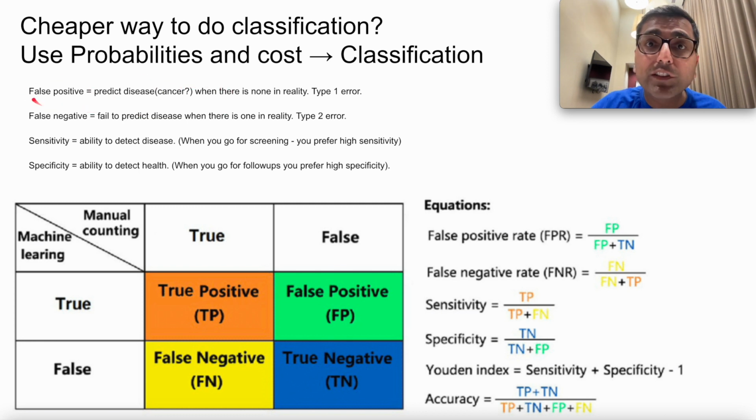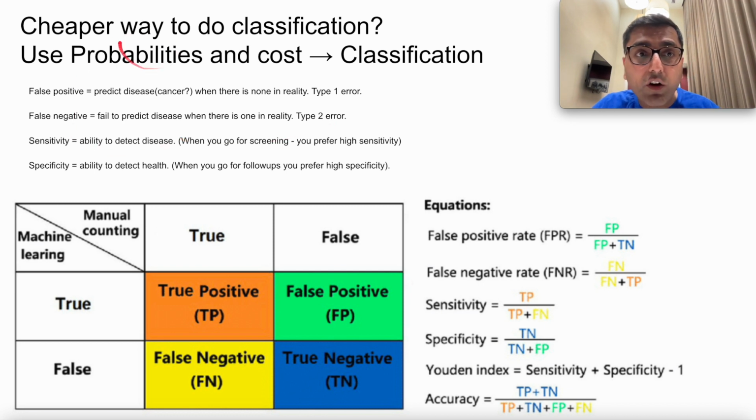So that's a false positive, or type 1 error. And then there's type 2 errors, which is you failed to predict a disease or a problem when there is one in reality. There was a problem, but you failed to detect it. So there's false positives, false negatives, type 1 errors, and type 2 errors.